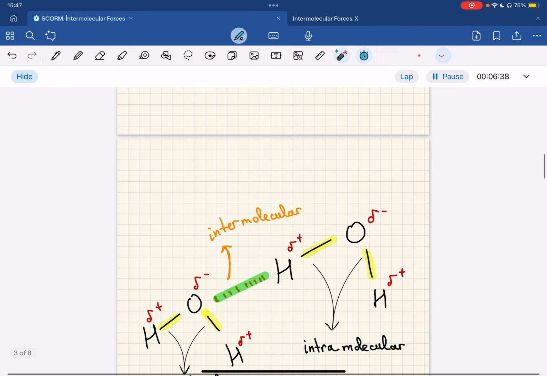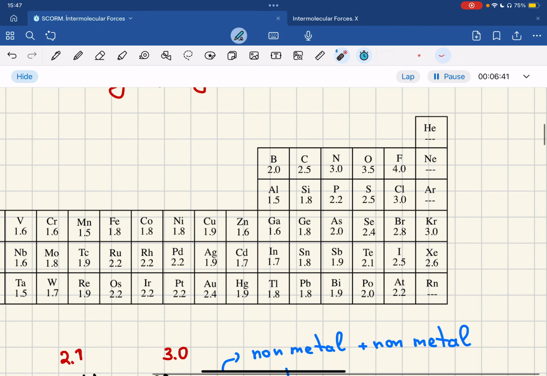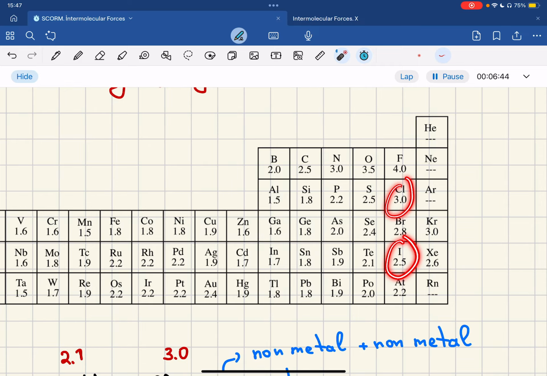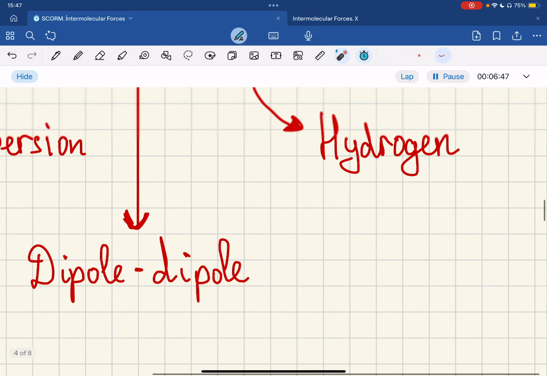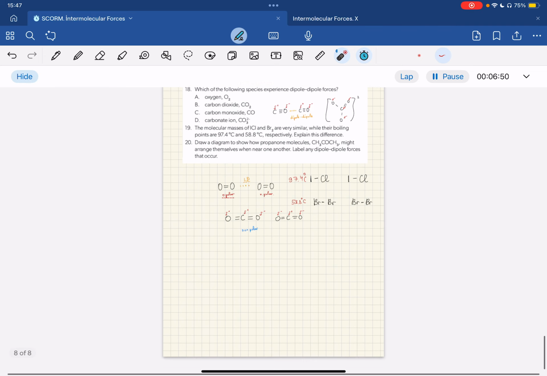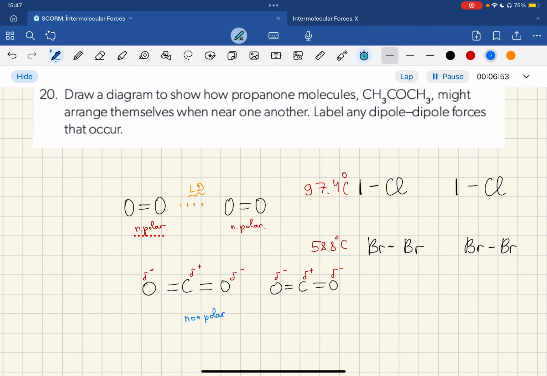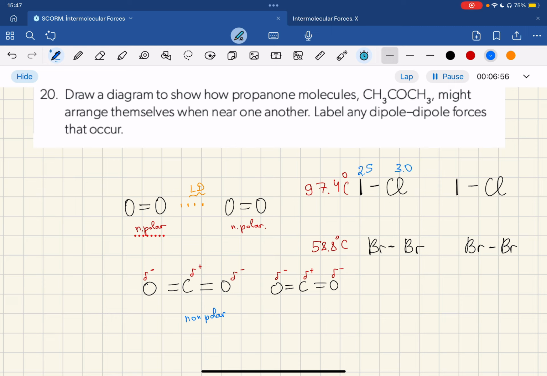Let's see iodine and chlorine. Chlorine is 3.0, iodine is 2.5, so the difference is 0.5, so it's a polar covalent bond. Chlorine is going to be partial negative and iodine partial positive, because chlorine is more electronegative. What will we have in between partial positive and partial negative? We are going to have a permanent dipole.